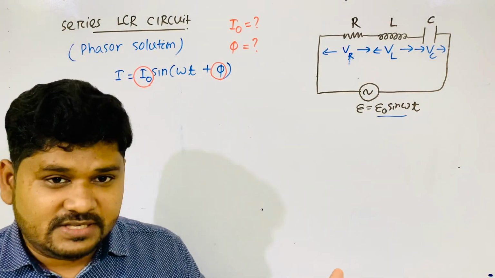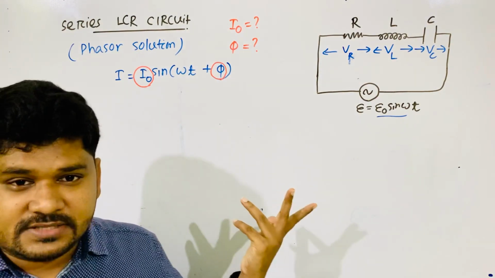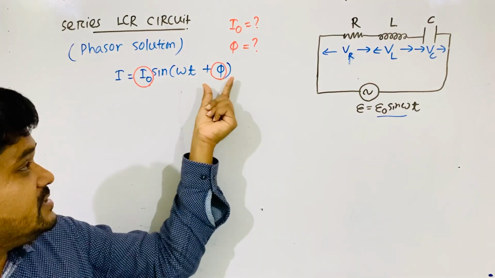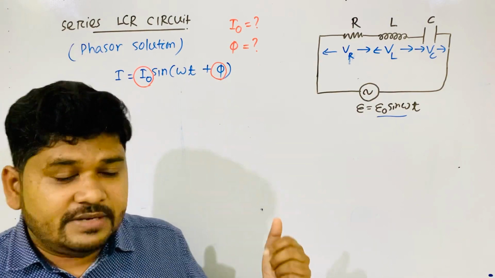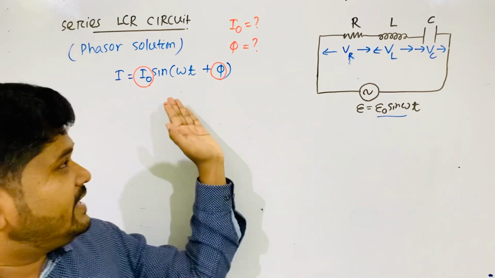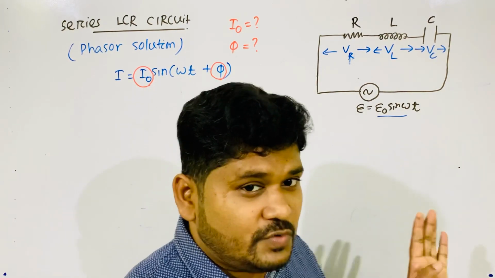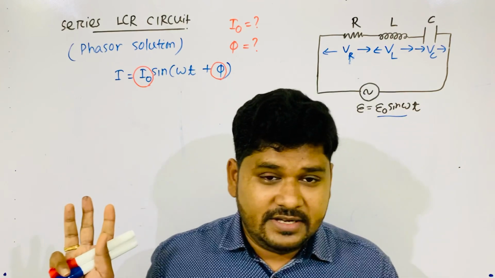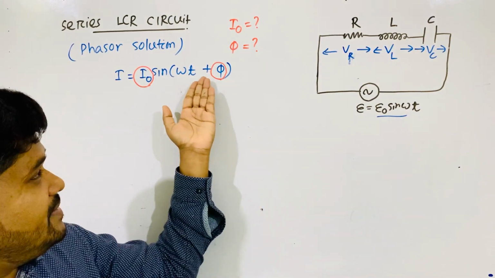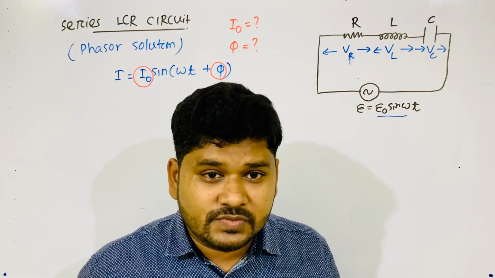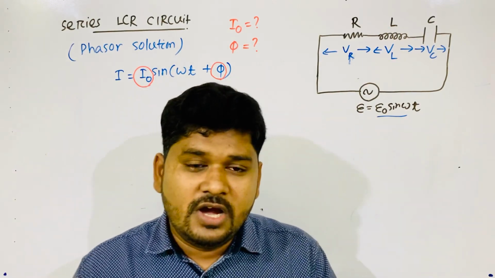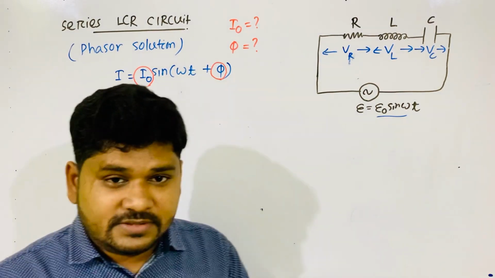If the answer comes minus, you will write minus there. Suppose it comes minus pi by 2, then that plus becomes minus; if plus pi by 2, then it is plus pi by 2. Don't worry about why I have not taken the minus sign. If phi comes out negative, whether minus pi by 2 or minus pi by 4, it will automatically be minus.